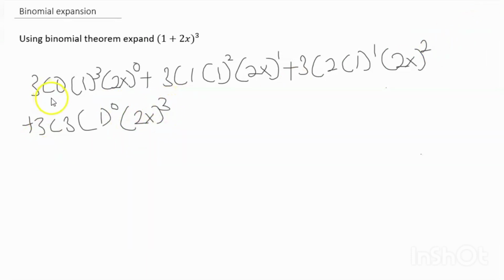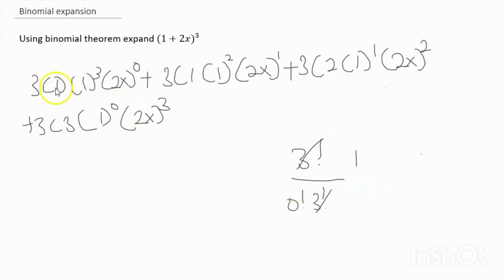Alright, so if you have a calculator, it will be very easy for you to solve this. Okay, if you don't know it, you can just solve it the manual way. So 3 combination 0 would be 3 factorial over 0 factorial times 3 factorial. Okay, there's no need to calculate anything. 3 factorial times 3 factorial, so that will be 1.